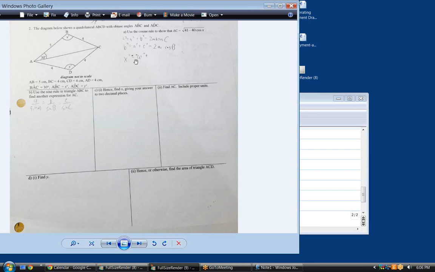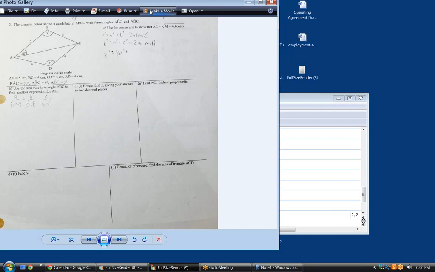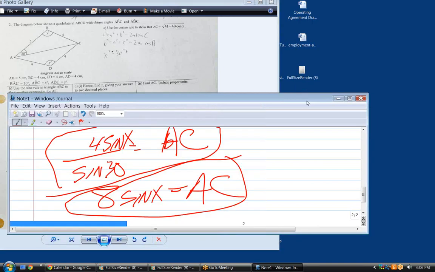Well, finding x at this point is relatively easy by using the law of sines and solving for this angle. Well, we don't need to, I guess. Let's see. Our expression for AC is still, in other words, we don't know what x is and we don't know what AC is.